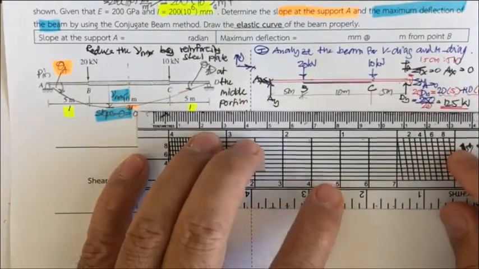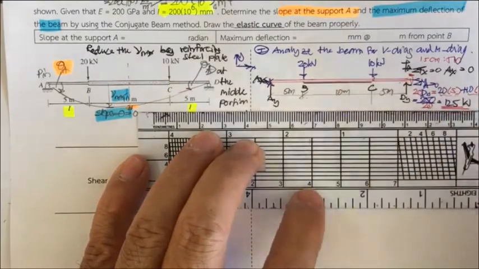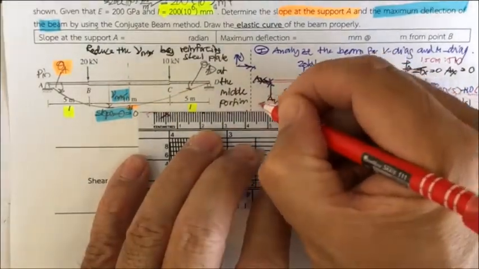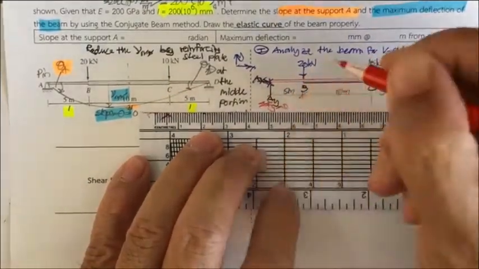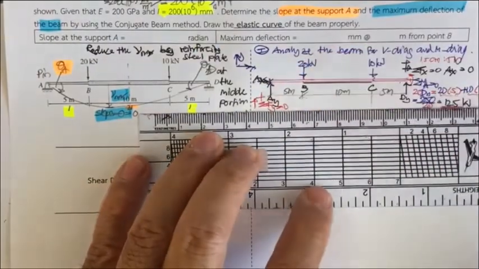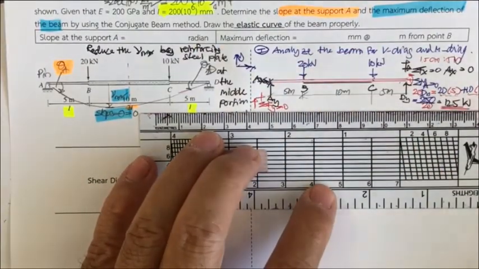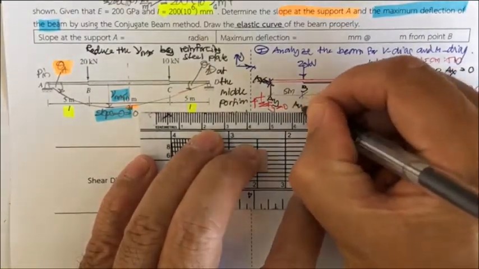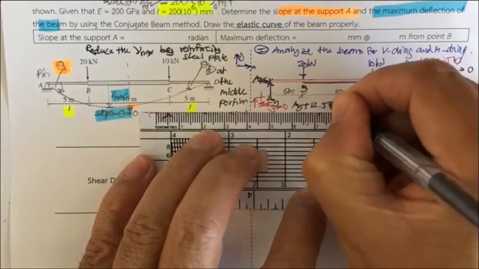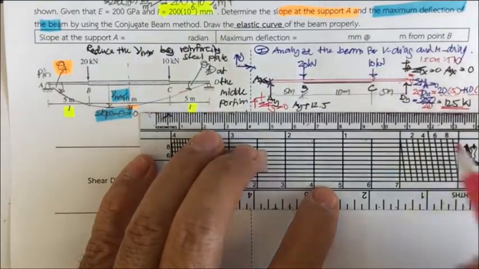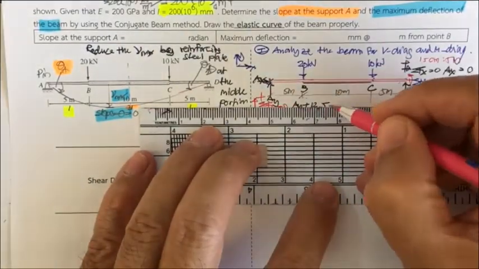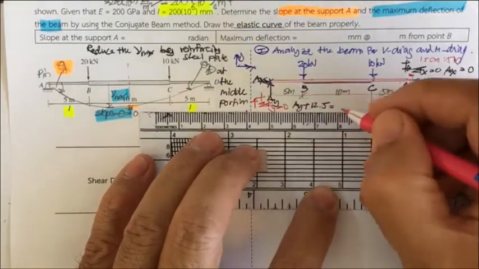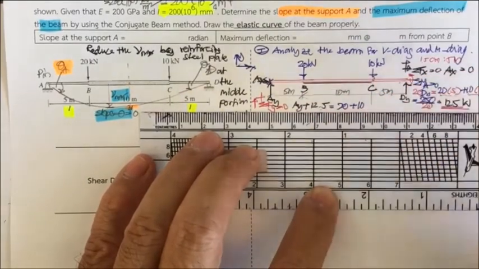And now you may have the A sub y, summation of F sub y equal to 0. This one is up. So your A sub y is going to be up, 12.5 going to be up, so it's going to be A sub y plus 12.5. And this is upward, equal to the downward of 20 plus 10.